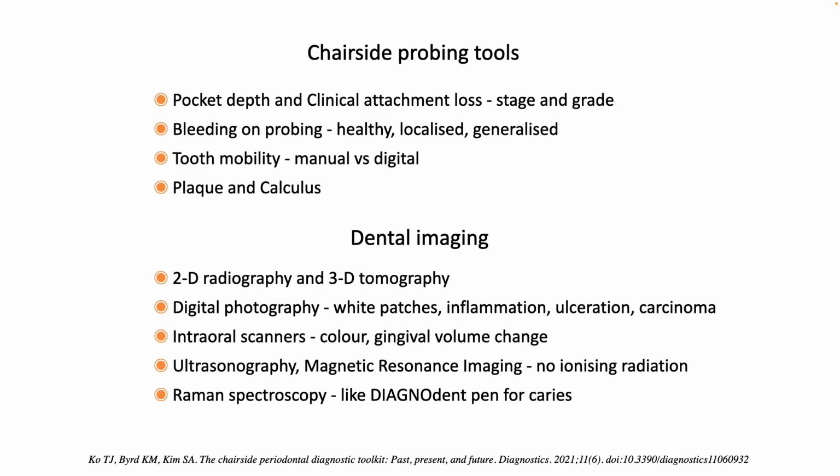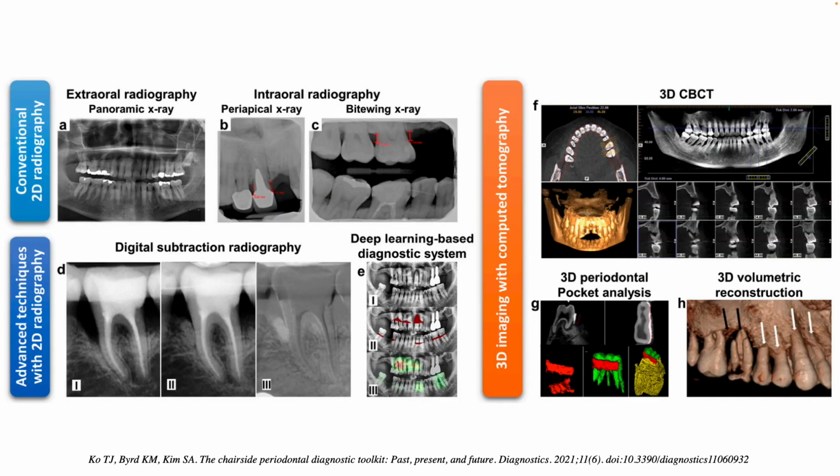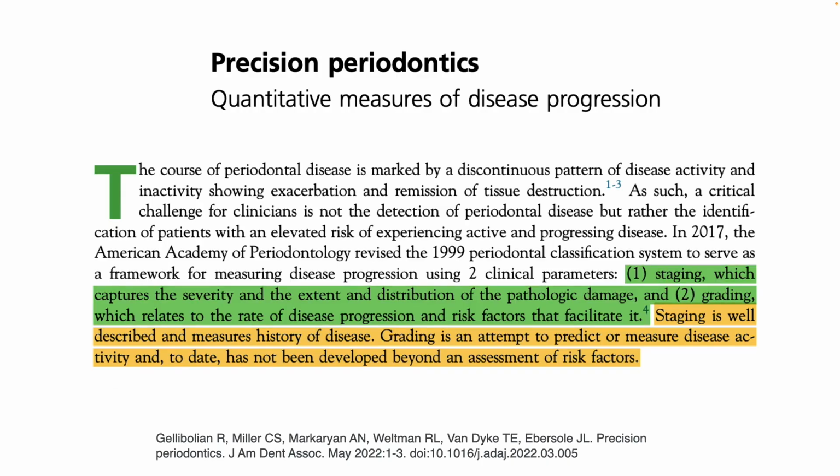We can use other types of imaging to see what kind of loss happens around implants. And we're getting very good at it. We can have AI also work around the radiographs and give us information about the bone loss and the pattern of loss. But very much with all of this is looking at the history of disease.